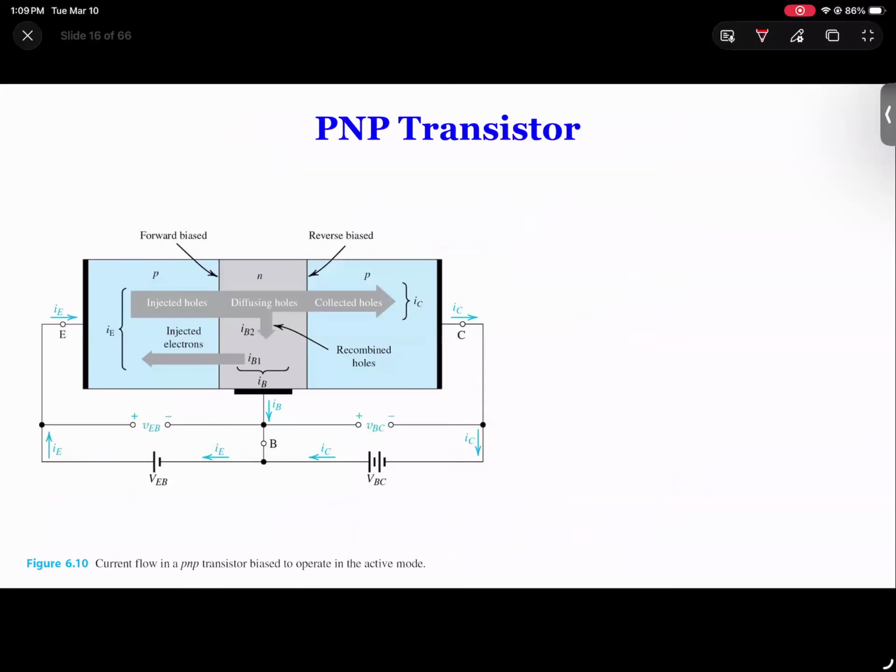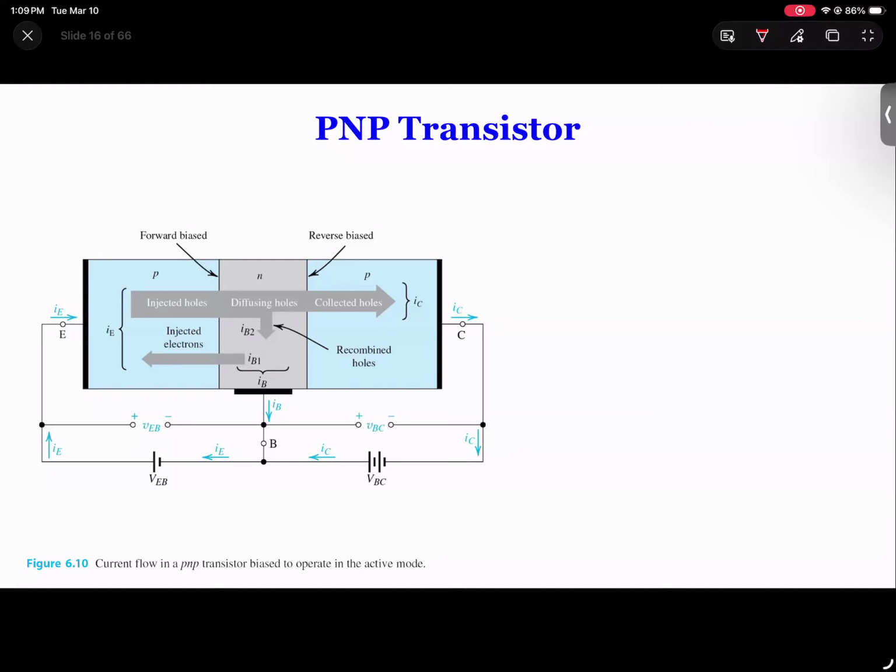Now we can go back also to look at, because you can build an NPN, you can also build a PNP. So PNP is built just like that. You have a piece of P material on top, you build N, and then on top you build P. So this becomes a PNP material.